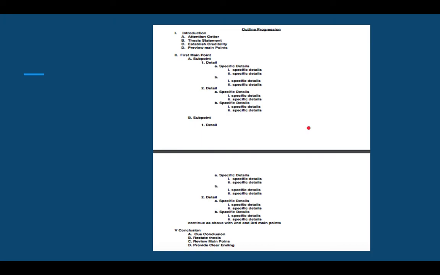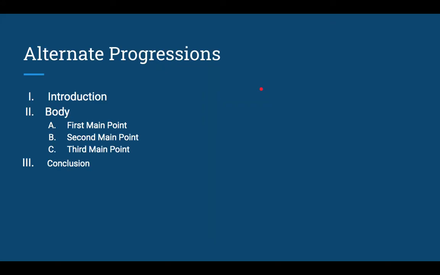So this is in Canvas, and this is kind of an example of how outline progression should go. Like I said previously, there's some deviation that's allowed, and I'll show you the examples of that here in a second. With this format, the main points are Roman numerals, subpoints capital letters, and so on. There's another example that slightly differs. Either will work.